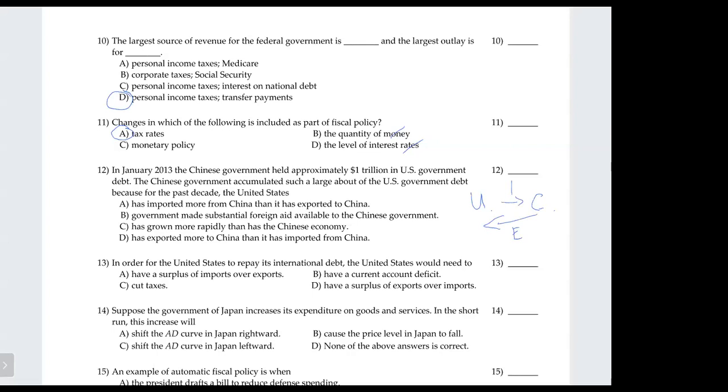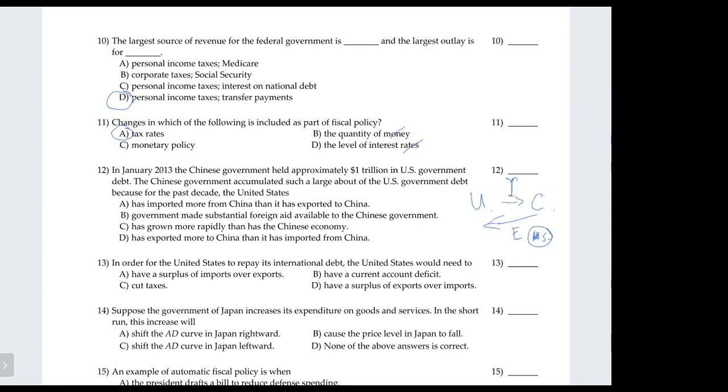That means they earn a lot of US dollars, right? Because by selling goods to the US, they earn more US dollars than they spend, right? So they use US dollars to import goods from the US. Which means they have a lot of cash left, which is US dollars.